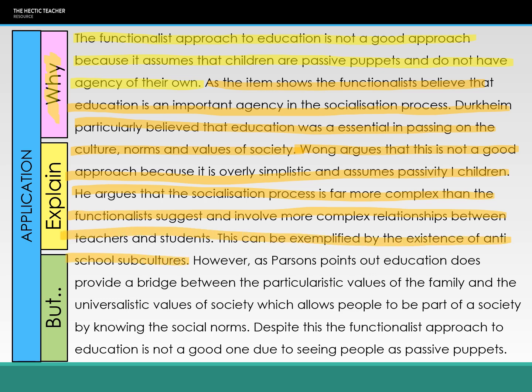In that orange block I've just highlighted, I'm not only saying what the functionalists believe, but I'm linking it back to my answer. I'm criticizing the idea that children are socialized into the norms and values of society, and that it's a passive process.